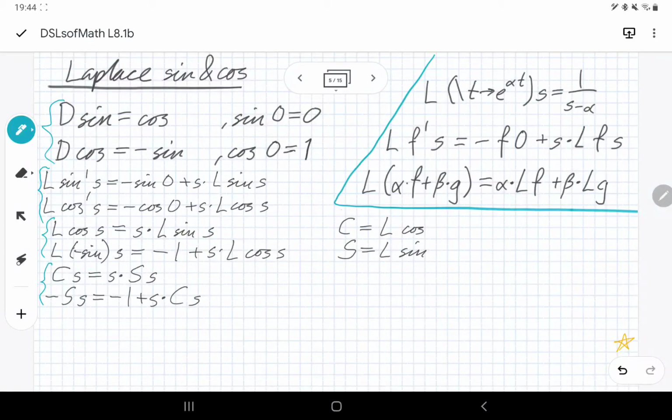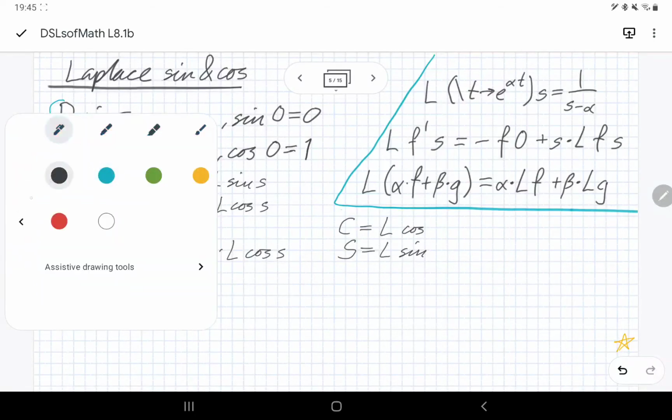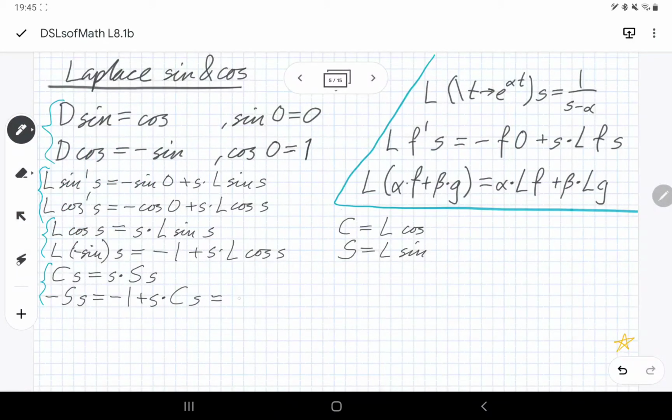Step by step we're getting simpler and simpler equations. Now, noticing that this equation is particularly simple, I will just expand this one into here. So I can write one more step: it's minus 1 plus s times s times capital S of s, so it's just minus 1 plus s squared times capital S of s.